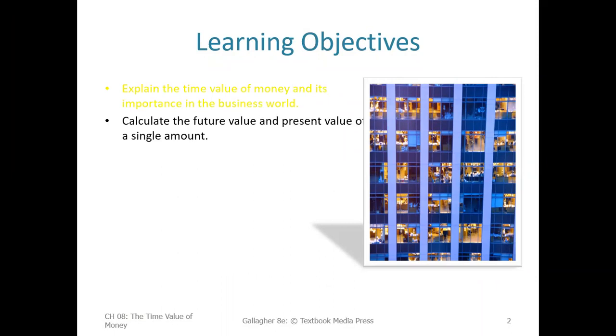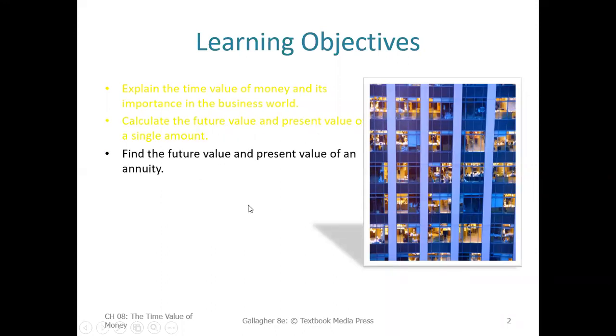And we calculate the future value and present value of a single amount. Sometimes we call this one a lump sum question. And also find the present value and future value of an annuity.